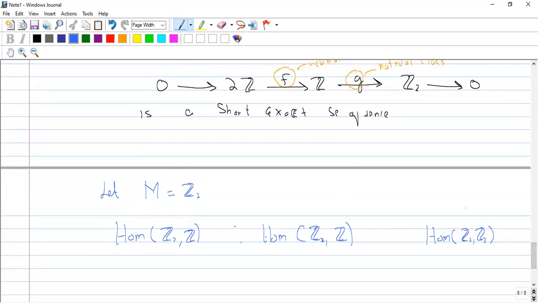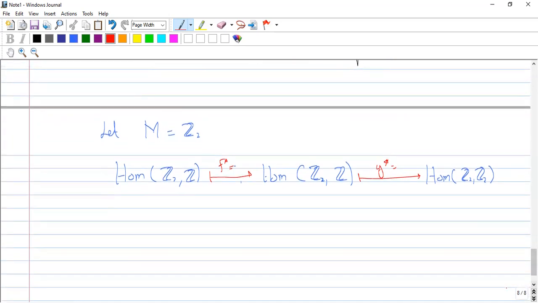Now in this example, first we will try to compute these Homs, कि ये Hom exactly क्या है, and then we will try to compute F star, because F यहाँ पे inclusion map है, तो F star compute करने की कोशिश करेंगे, and also we will try to compute G star.